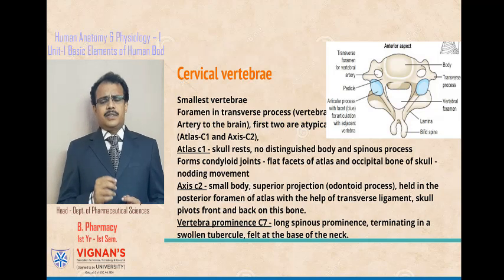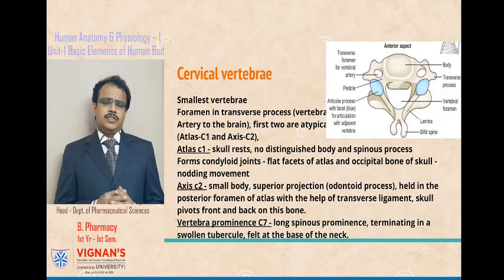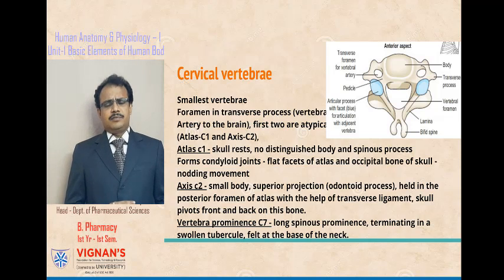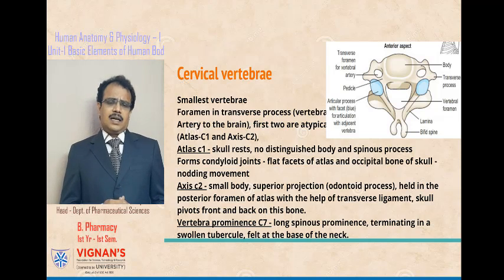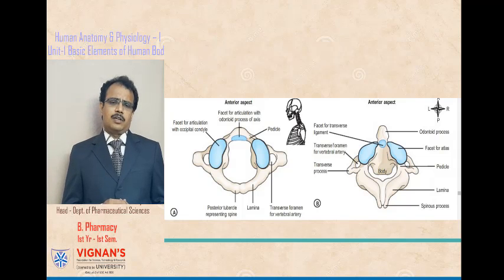But the first and second cervical vertebrae, that is atlas and axis, have features which are different from that of other cervical vertebrae. Now, let's see the features of atlas. Atlas is the first cervical vertebrae and also the first vertebrae of the vertebral column.